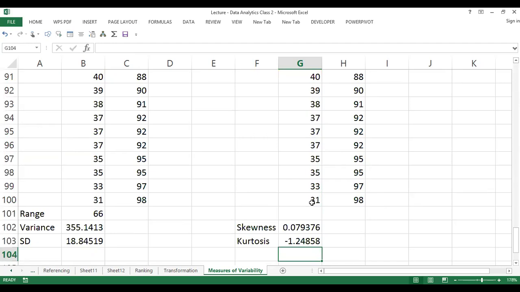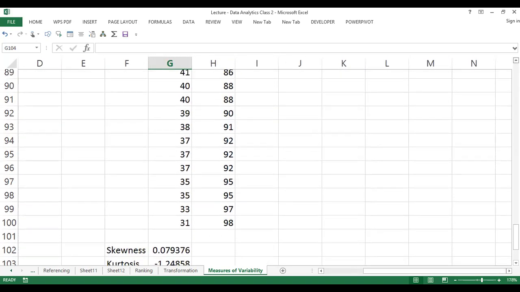So, what do you think of this? Low kurtosis or high kurtosis? It is low kurtosis, yes. You can see it's negative anyway, so kurtosis is low.